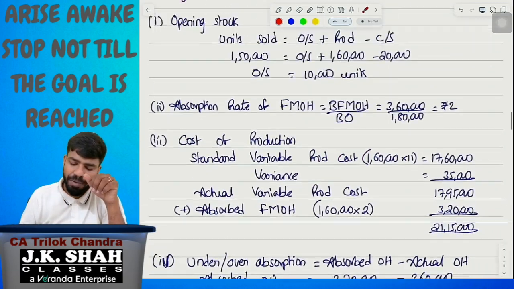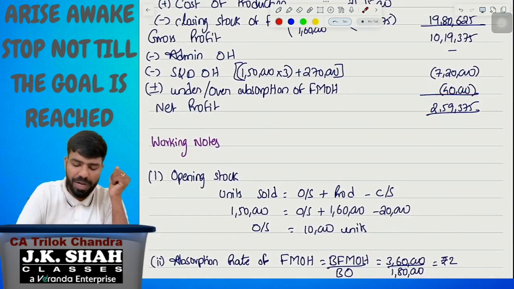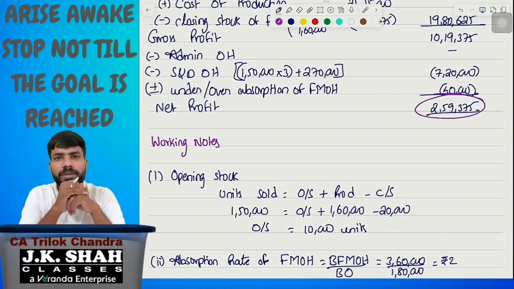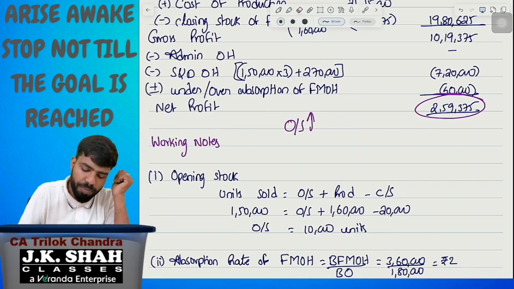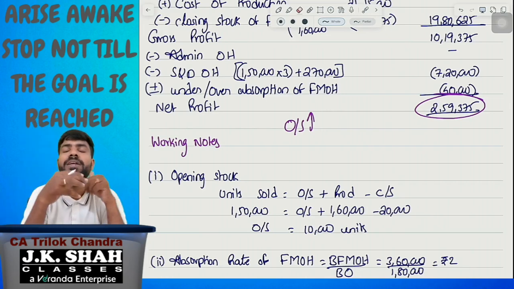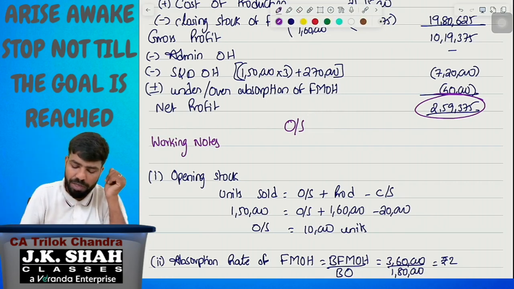Look at here. I will take profit according to absorption costing, 2,59,375. Opening stock is overvalued in the absorption costing. I mean, opening stock is showing more value in the absorption costing. When the opening stock value is more, we all know that profit is inversely proportional.